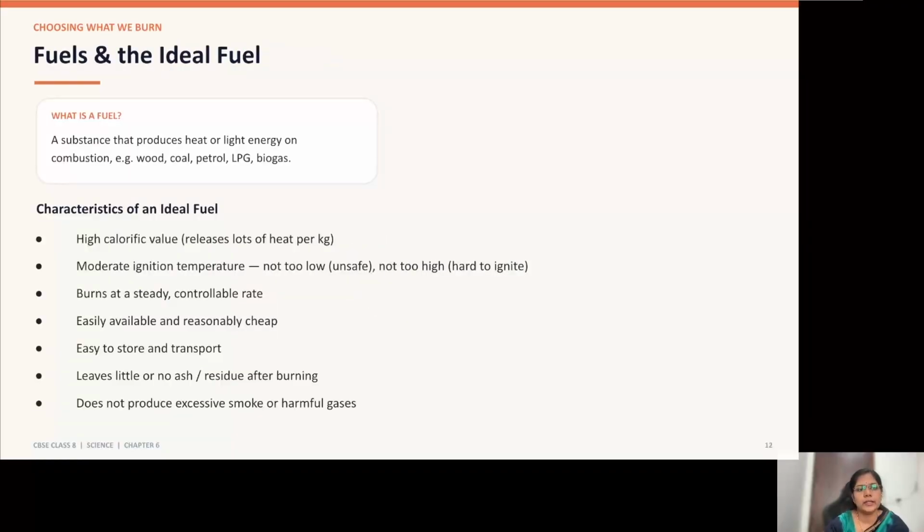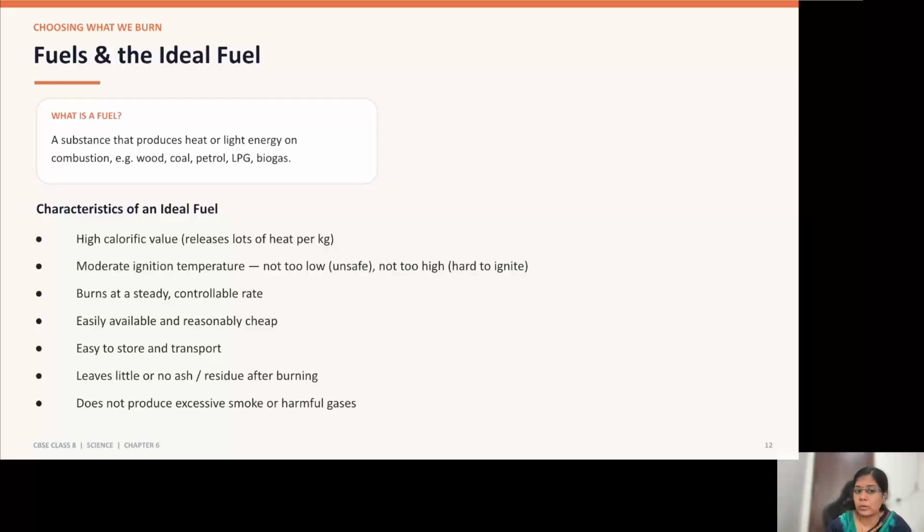So here let us talk about the fuels and the ideal fuel. Okay, which fuel is real and perfect? Yes, we don't have any perfect fuel, but we do use fuels based on their properties. Okay, so what are the characteristics of an ideal fuel?